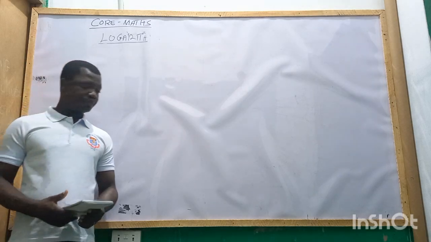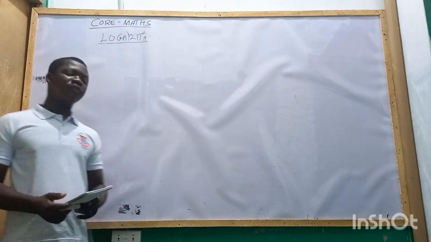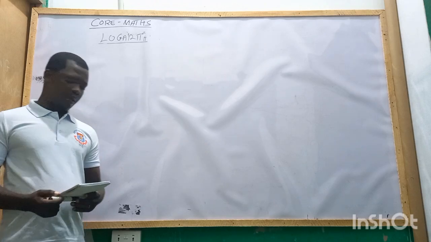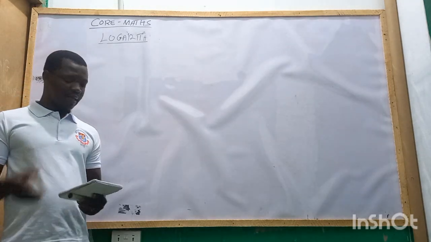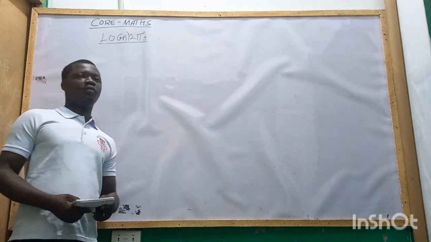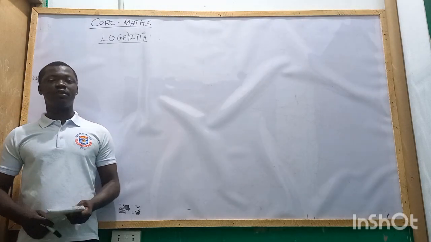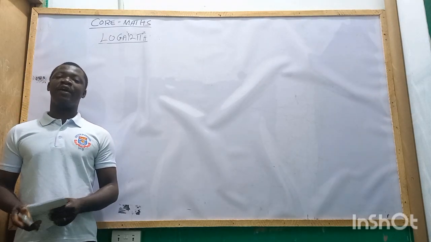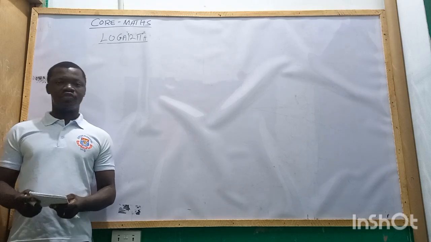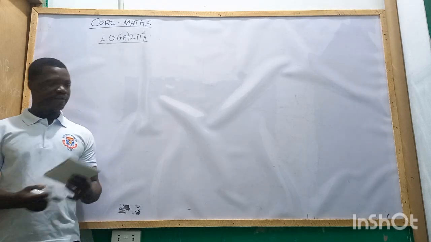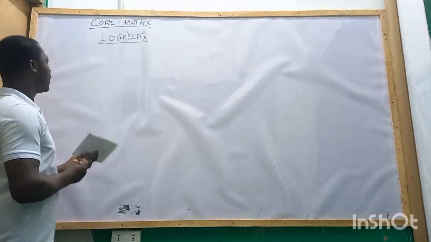In equations involving logarithm, the equation can be in the form of linear, it can be in the form of quadratic, or it can be in the form of simultaneous equation, right? So let's jump straight to the point and let's move forward. We are still on our topic, logarithm.